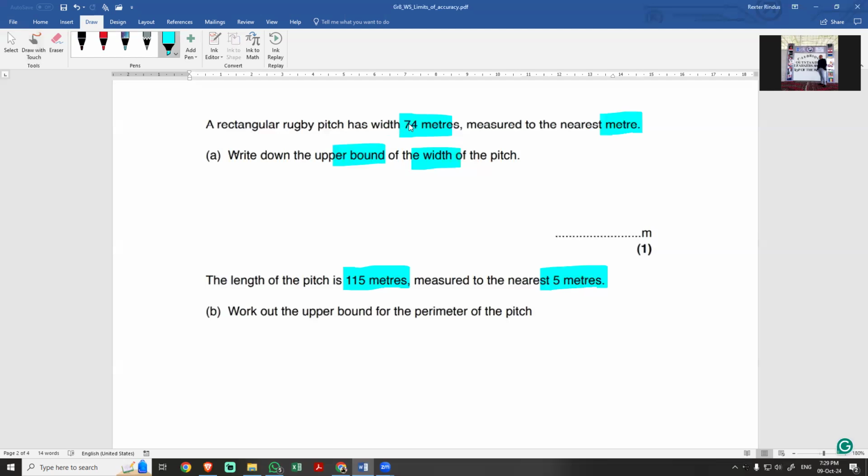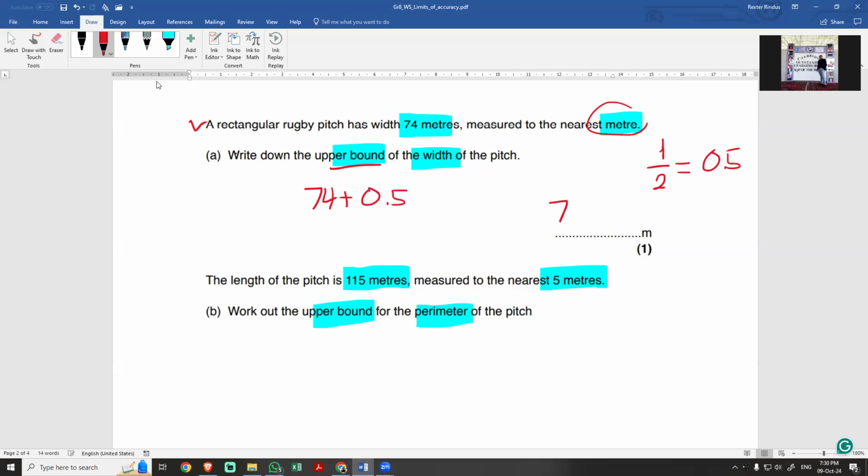The question is to work out the upper bound of the perimeter. So what you will do is solve this first area here. We need to know first what they're looking for. It's only meter, so that means 1 divided by 2, which is 0.5, is your base. Since you're looking for upper bound, it's going to be 74 plus 0.5, so your upper bound would be 74.5.